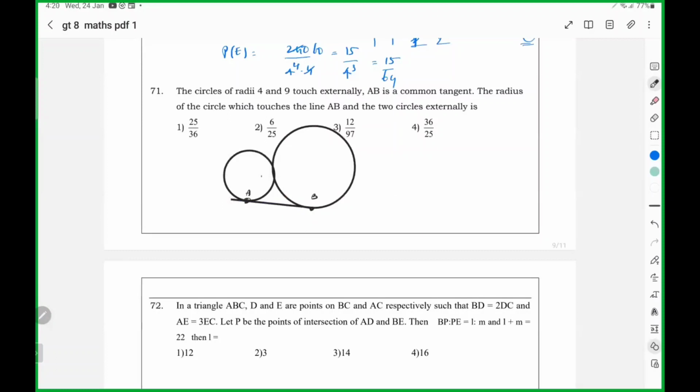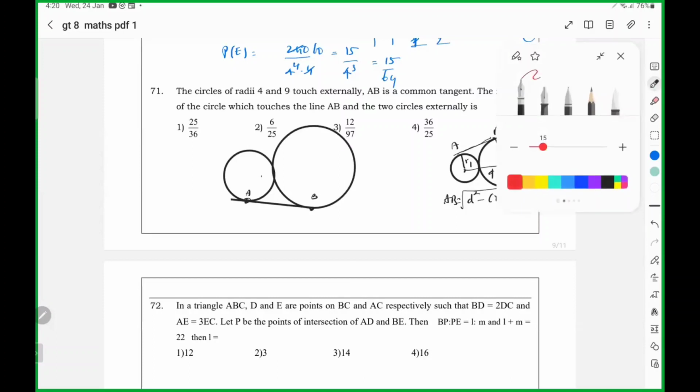So if two circles are touching externally, what is the information known? It is known as a direct common tangent where both circles touch externally. It is R1, it is R2. Distance between centers is D. AB length will be under root D square minus R1 minus R2 whole square.